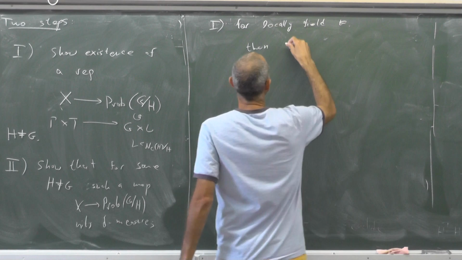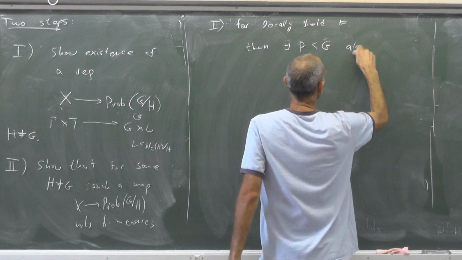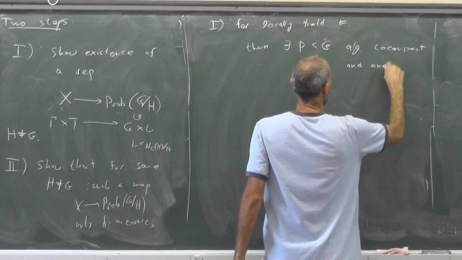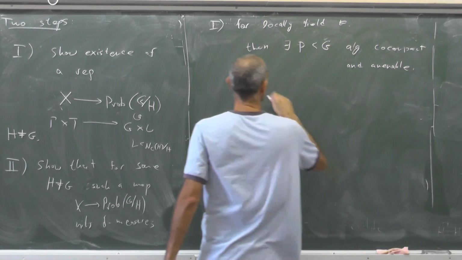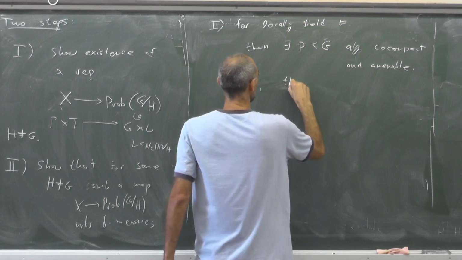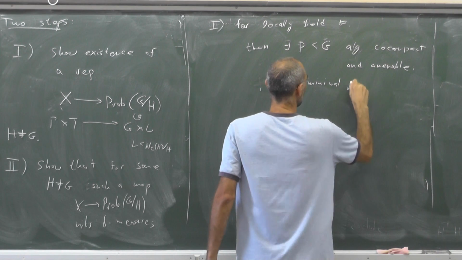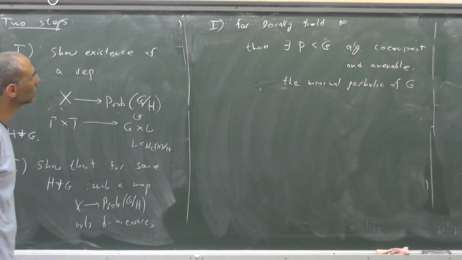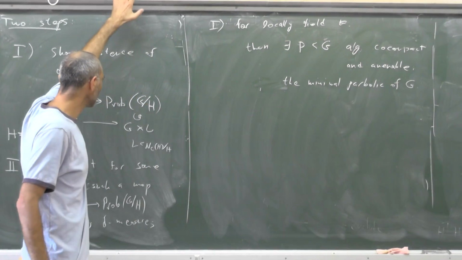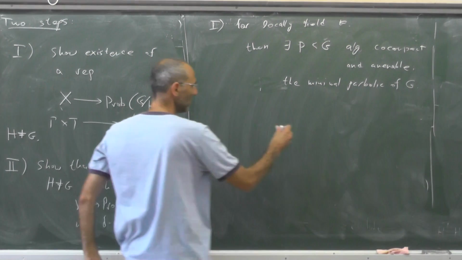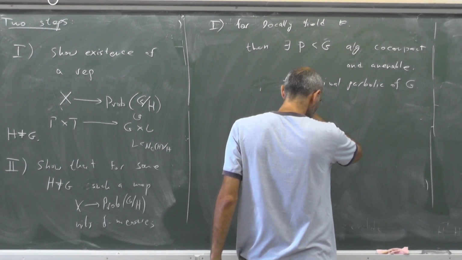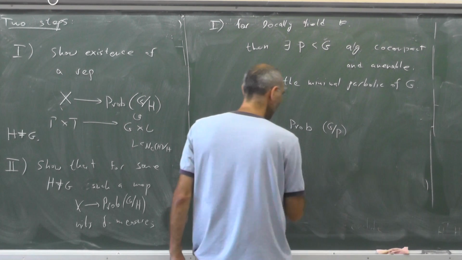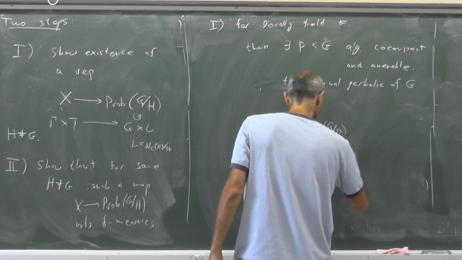Then there exists P inside G, algebraic, co-compact, and P is the minimal parabolic of G. I want to explain why, if you have G mod P, a compact space, for them this one is a convex compact space.